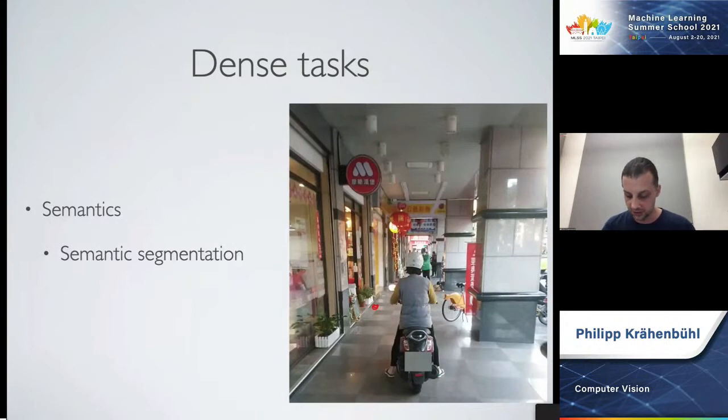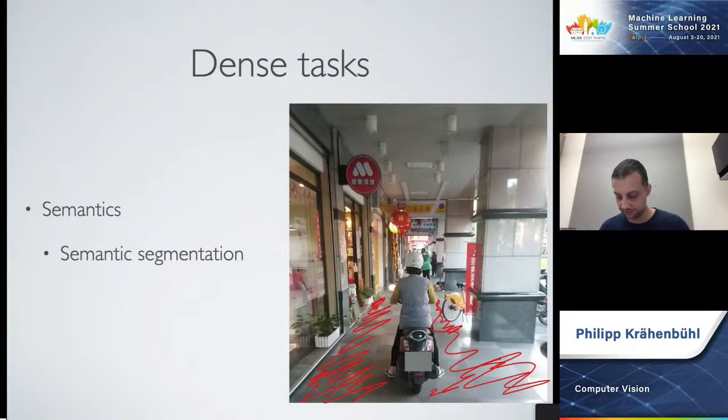Here, this class might be, if you're in a driving data set, sidewalk. In other data sets, this might just be ground. If you're interested in material classification, this might be stone or whatever material this is. Then here, this could be building or wall.